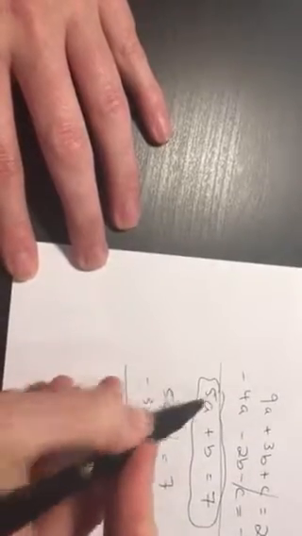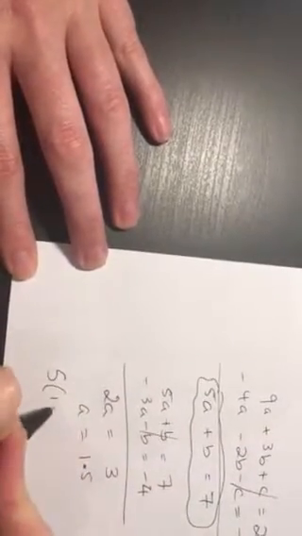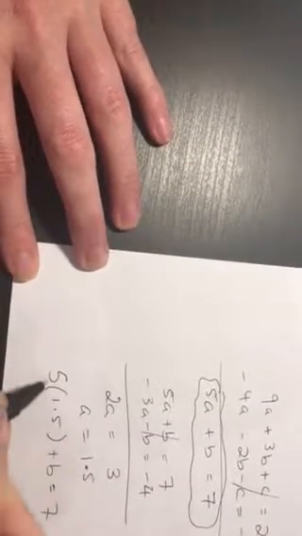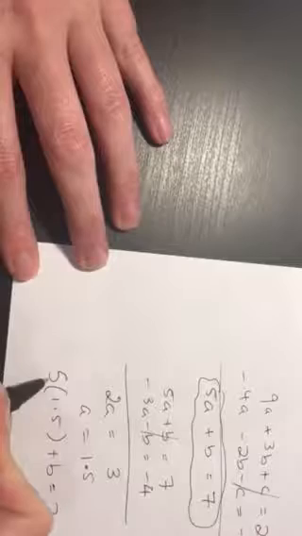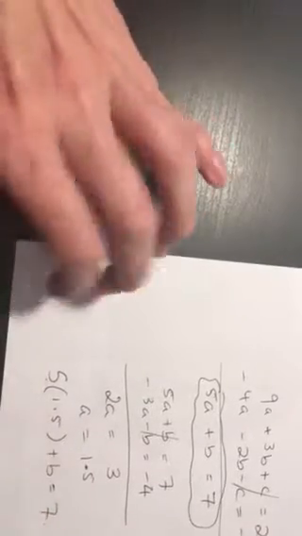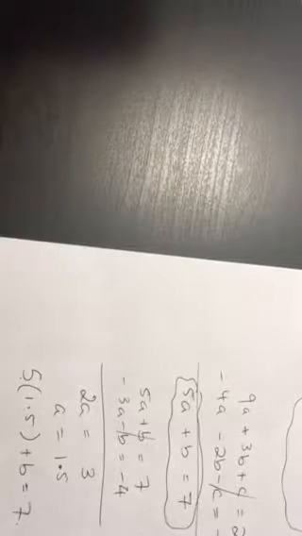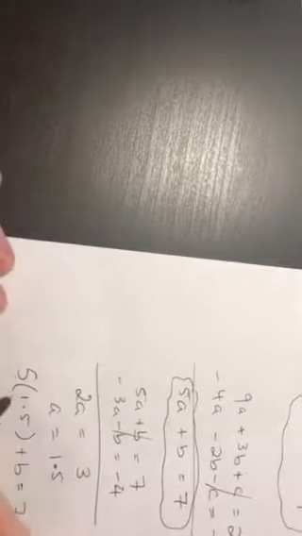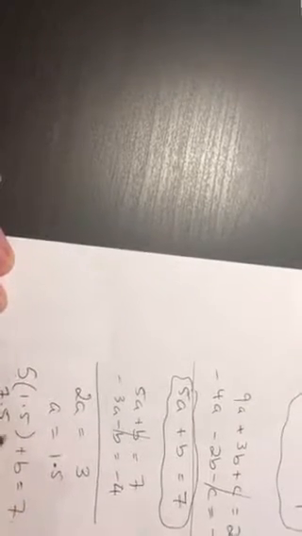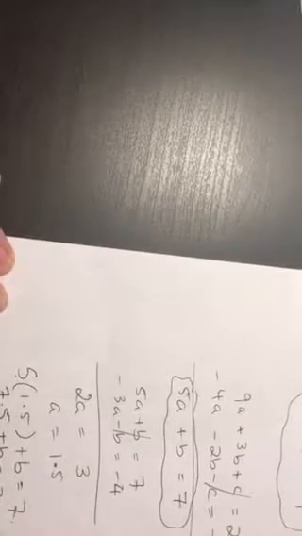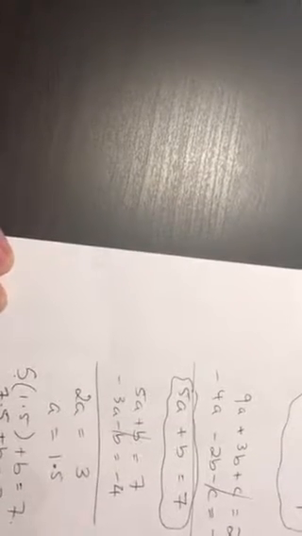So I'll take this one here, 5 times a plus b equals 7. So 5 times 1.5, should be able to do that, 7.5. Plus b equals 7, so b is equal to minus 0.5.